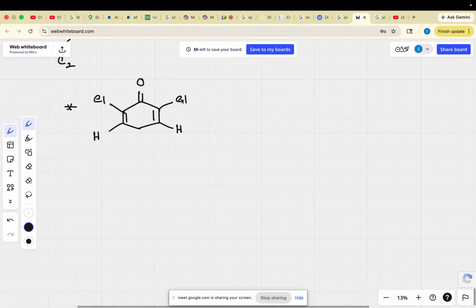Suppose you have this. Try to find out the point group for this molecule.